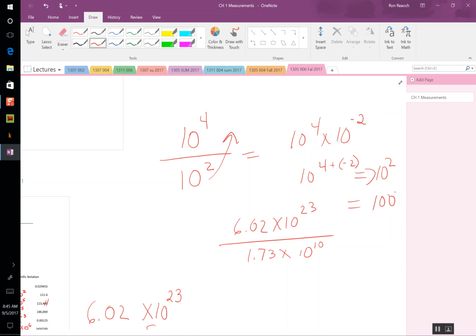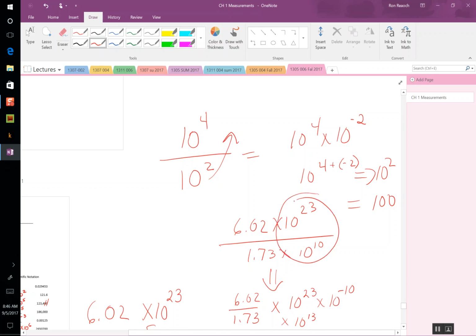This number here could reduce down to this, times 10 to the 23rd times 10 to the minus 10, or times 10 to the 13th power. So it's going to be 6.02 divided by 1.73 times 10 to the 13th. This is how I'm handling those exponents right there.